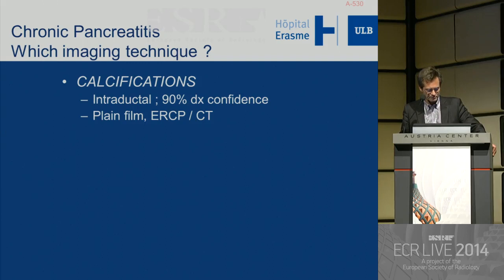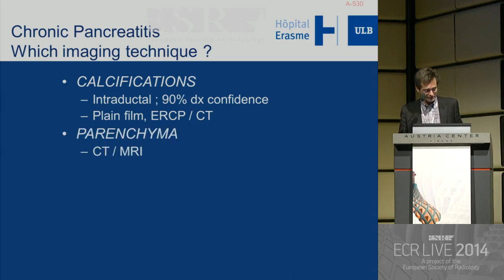Of course, no one is using that anymore. ERCP is a very good technique, but no one is using ERCP anymore for diagnostic purposes. And of course, CT and MDCT is the best modality available nowadays. If you want to look at the parenchymal changes, CT and MRI perform more or less equally well.